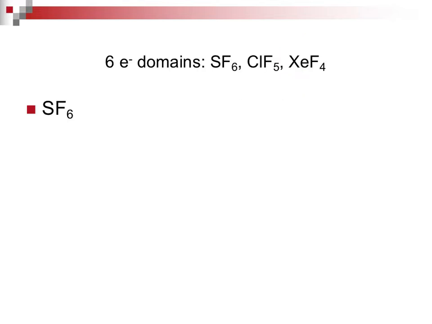So let's begin with some examples. We have SF6. I will let you do all the calculations to get to the Lewis structure. But what I will do is draw the Lewis structure with all of its electrons. And again, I think that's an exercise you need to do because you're the one taking the exam, not me.